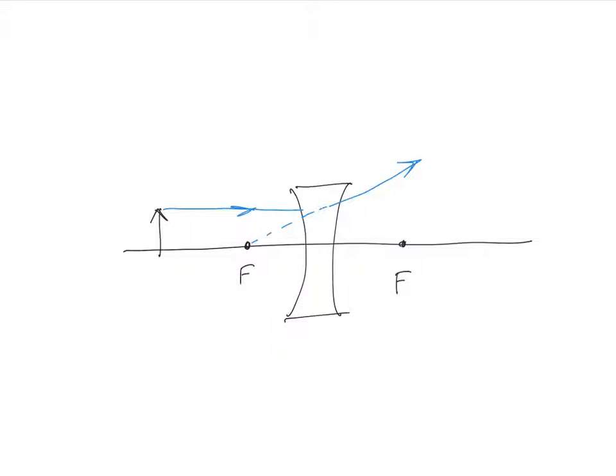The second line is going to appear to be heading for the far focal point, and so when it emerges from the lens, it is parallel to the principal axis, and the last light ray is the one that goes right through the center.